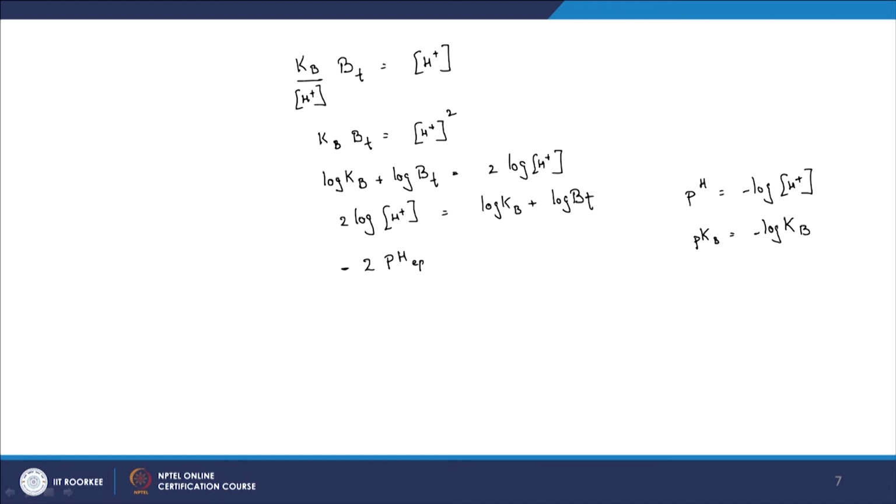This is the equivalence point. So I will say EP is equal to minus pKb plus log, seems like I am on the right track, log Bt. And so the pH at the equivalence point is going to be equal to 0.5 into pKb minus log B total, right.